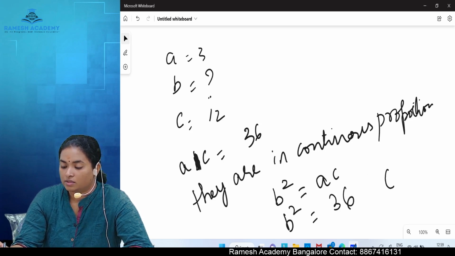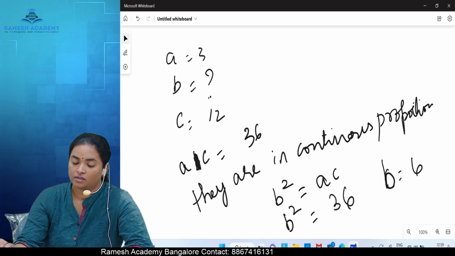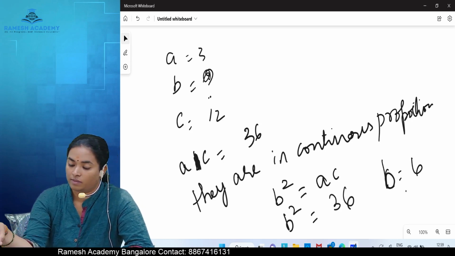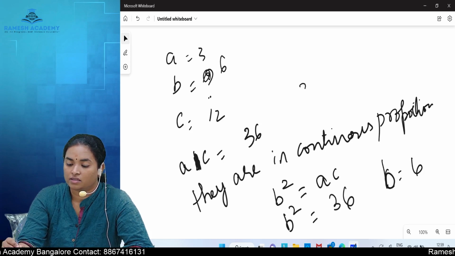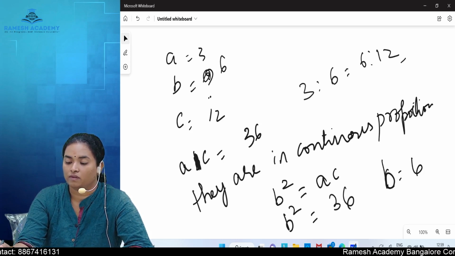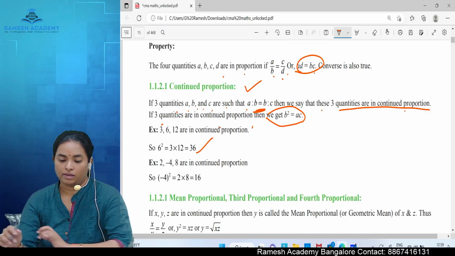Now B will become 6, since 6 times 6 is 36, right? So the square root gives B as 6. Now what is the final answer? 3 is to 6 is 6 is to 12 will be the answer. That is what they mean here.